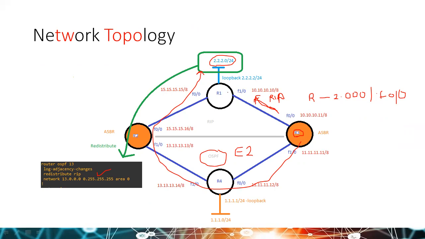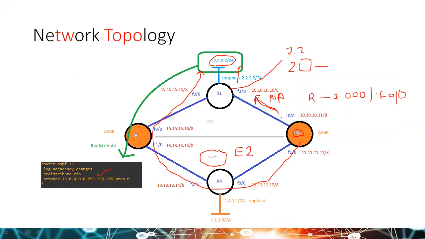And now when R1 receives an update that R3 is showing a route to the 2.2.2.0 network, let's see what the routing table of R1 will look like. It will show that R1 has a route for 2.0 northbound, and that R3 is also showing a route for the 2.0 network with a higher metric.